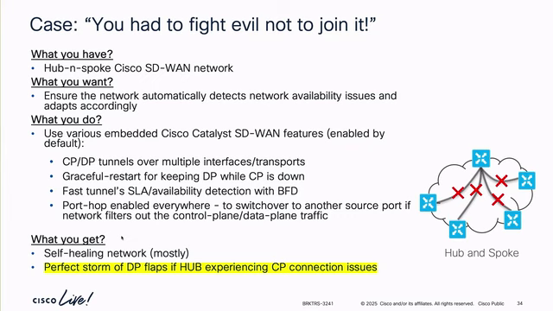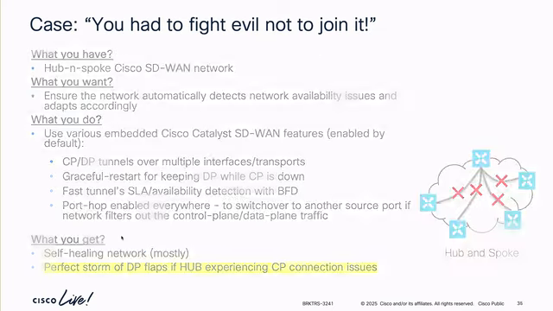Then you start to see that your data plane tunnels are starting to flap from the hub device specifically. And why is that? Let's take a look.